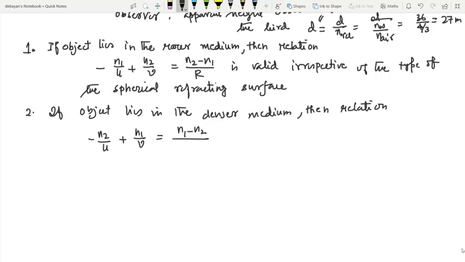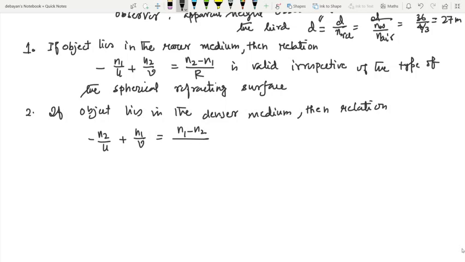It is valid irrespective of the type of spherical refracting surface.